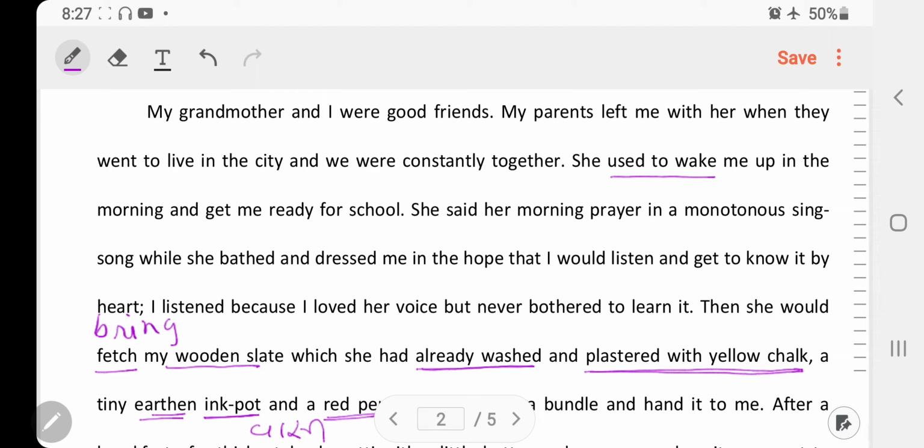And what was the intention? The intention was that this child should learn it by heart, and he would be able to recite it. But it is a different thing that the writer was not willing to learn it by heart, but he loved her voice and never bothered to learn it.